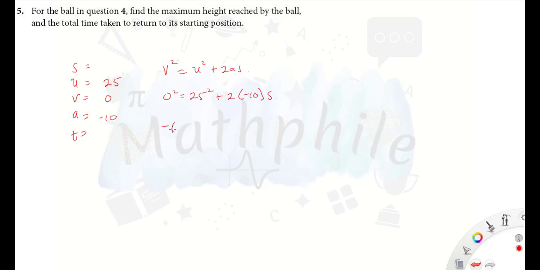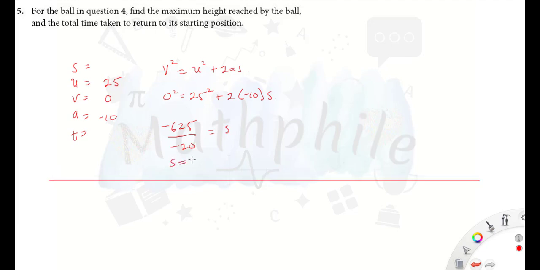So negative 625 over negative 20 is 31.25.